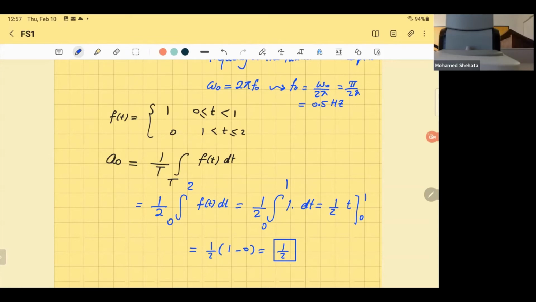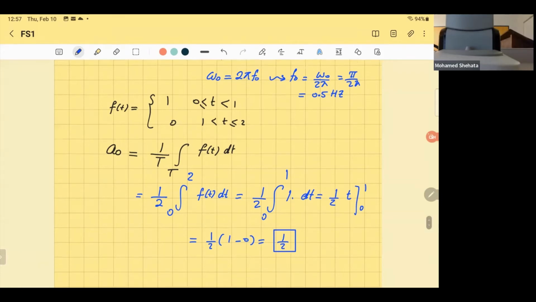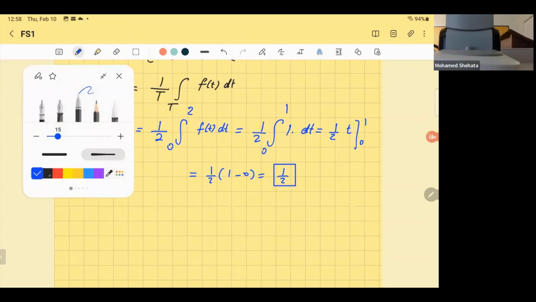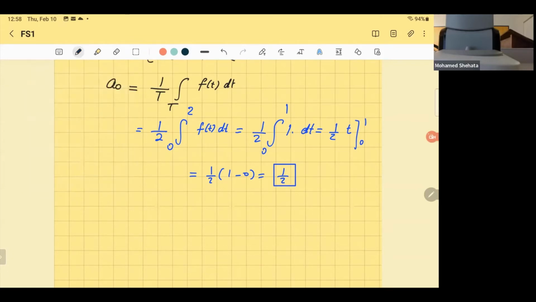And usually, it's the easiest one. Now I'm going to get A_k, the coefficient of the cosine term. I will also write the formula and substitute: A_k equals 2 over T integration over the period of f of t cosine k omega naught t dt.